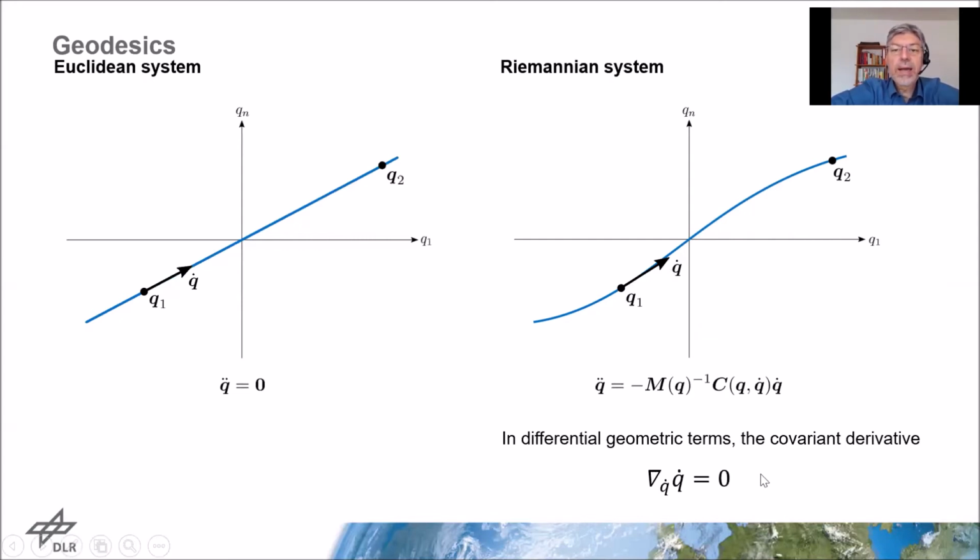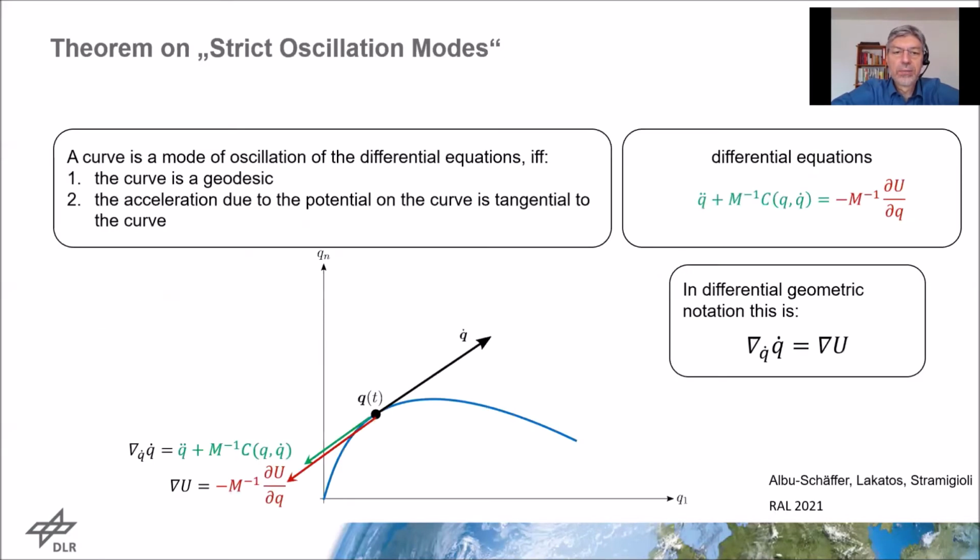So we could ask the question, is it possible for a robotic system or for a multi-body system with potential fields to find such curves which are invariant no matter what the level of the energy is, if initiated with a velocity along that curve?